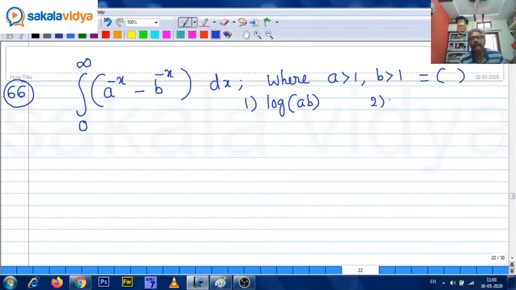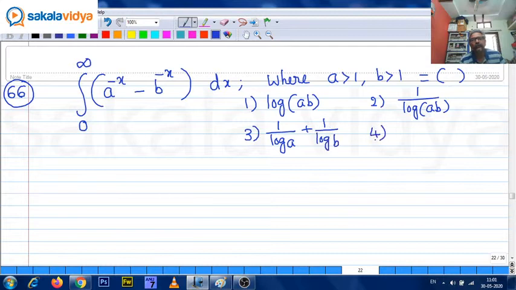Second option, 1 upon log ab. Third option, 1 upon log a plus 1 upon log b. Fourth option, 1 upon log a minus 1 upon log b. This is the question.